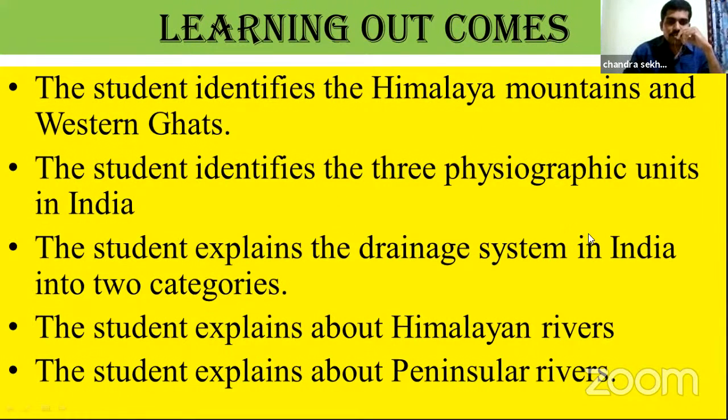The student explains the drainage system in India into two categories. So he can categorize the drainage system. The student explains about Himalayan rivers and what are the important Himalayan rivers also he can explain. And also the student explains about peninsular rivers. So these are the learning outcomes of today's class.